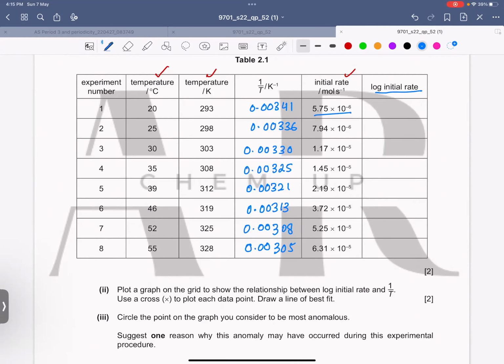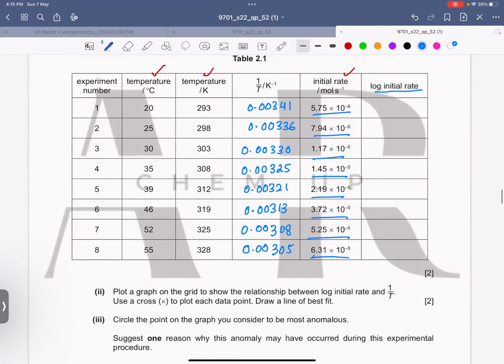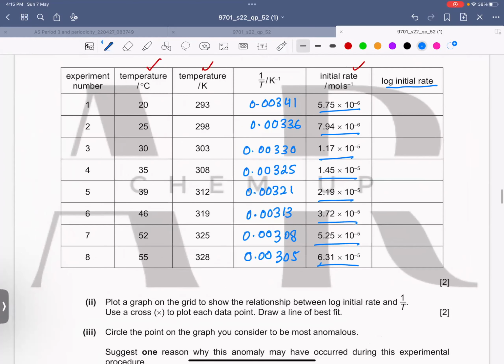So we have to take the log of these values. Yes, can anyone tell me these values as well? Negative 5.24. Okay. Negative 5.10.